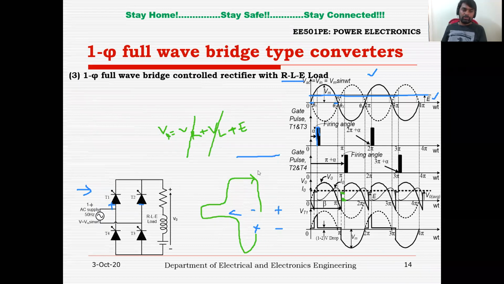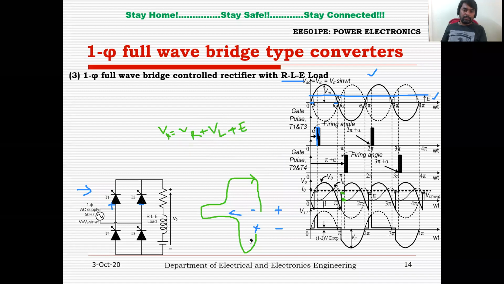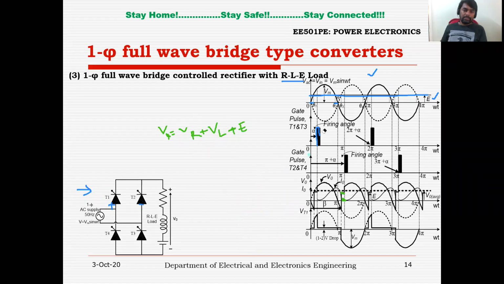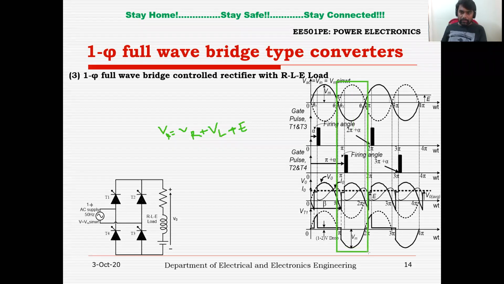Now we'll move on to the negative half cycle, right? During the negative half cycle, omega t may lie between pi to 2 pi. Now I am going to mark the area with green color. This is what we are going to focus on.